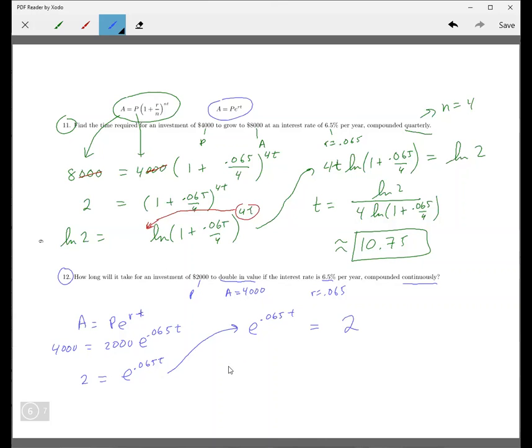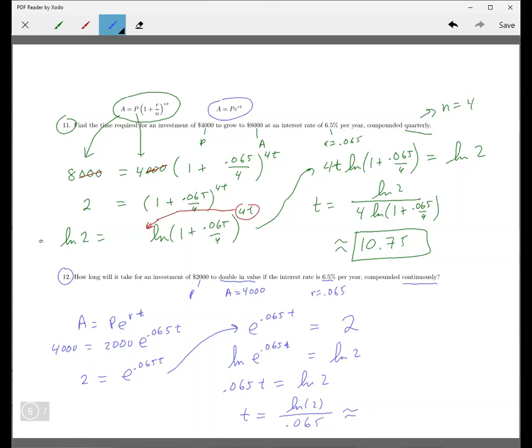So now we take the natural logarithm of both sides. And all of this just becomes 0.065t. So t is the natural log of 2 divided by 0.065.